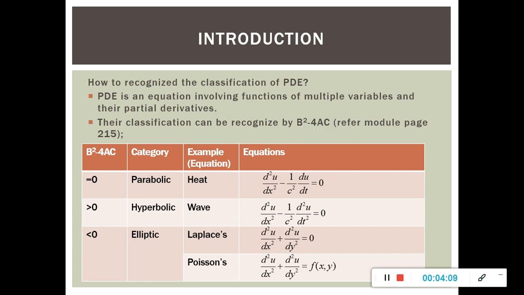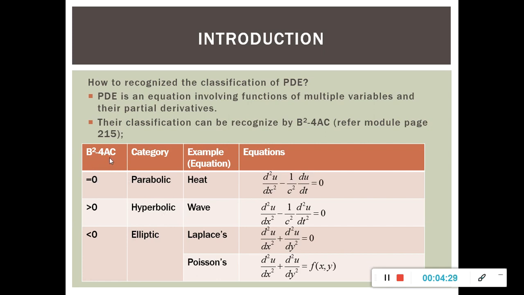Basically, a, b, c are the constants or functions of x and y. To classify the equation as parabolic, hyperbolic, or elliptic, you look at the b squared minus 4ac value.